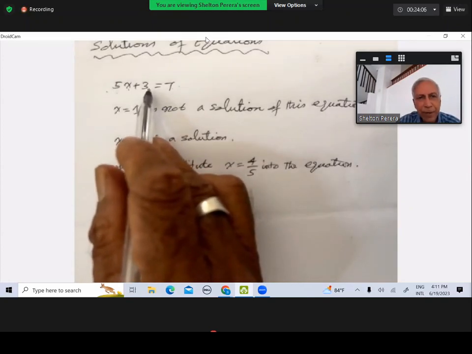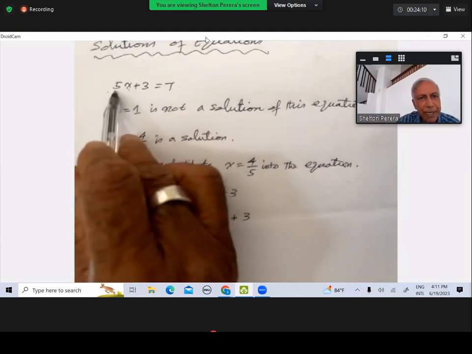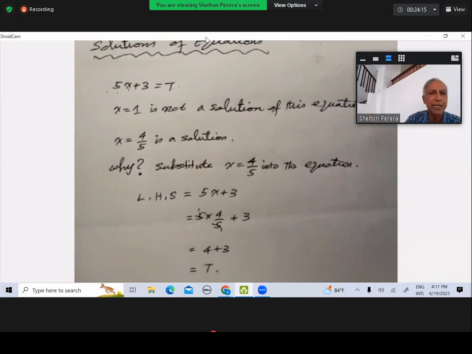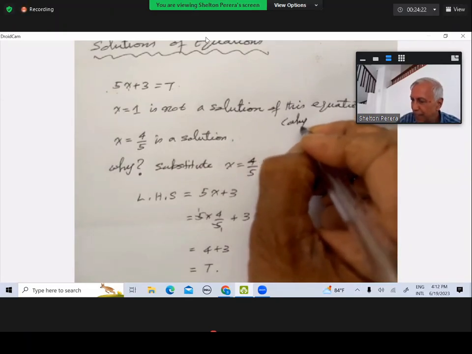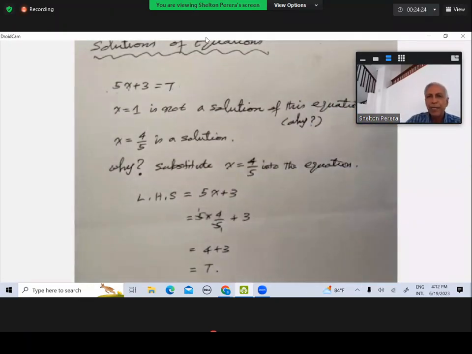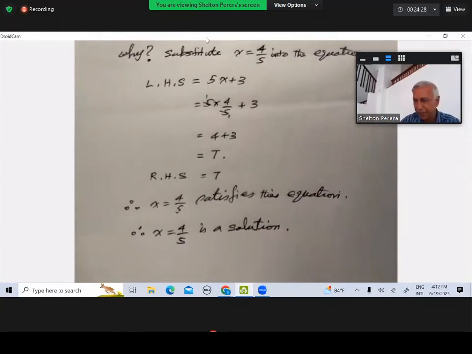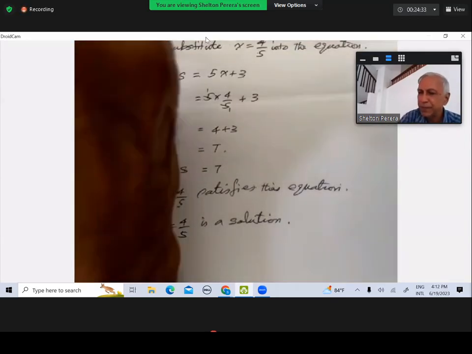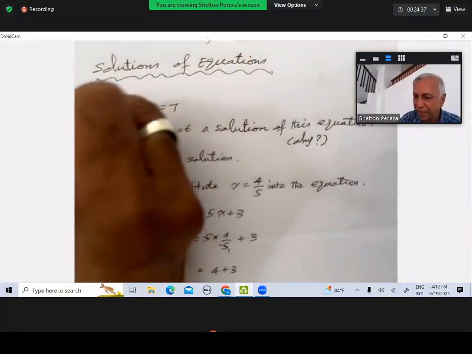Why? If you substitute x equals 1 into the left hand side, we get 8. The right hand side is 7. They are not equal. Therefore, x equals 1 is not a solution. I will just ask why here. When you go through the note, try to reason it, give a reason, and justify why it is not a solution. This is our first example of an equation.